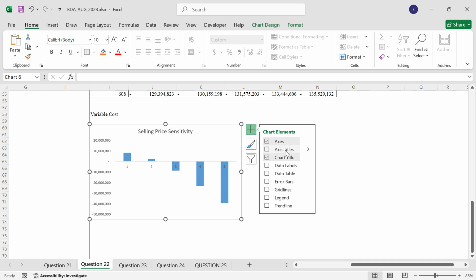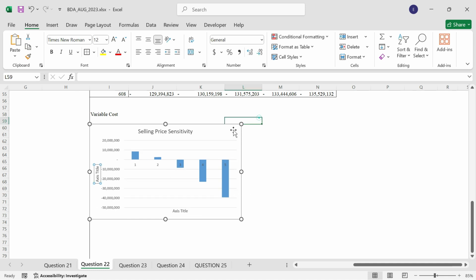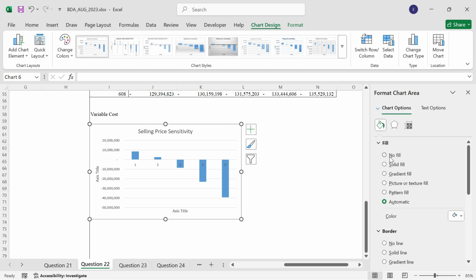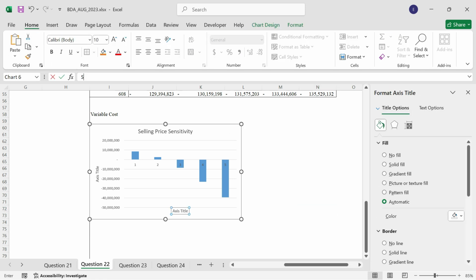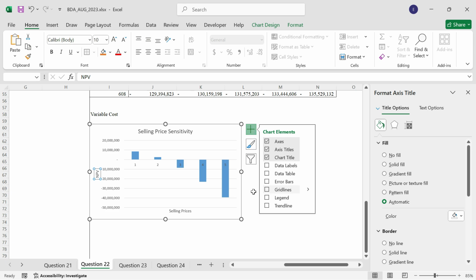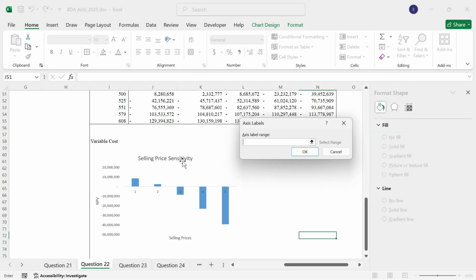I can add axis titles and delete gridlines. These are my selling prices. These are my NPV values. I can pick out the selling prices.